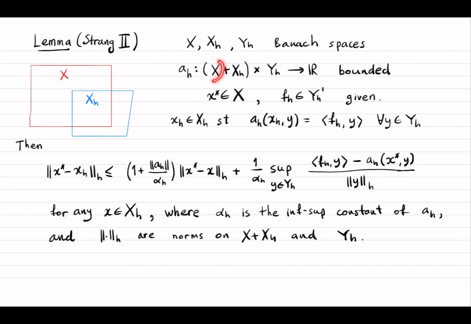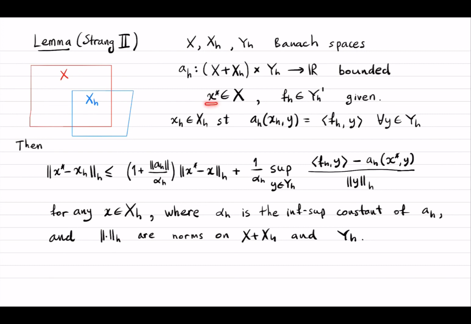So this is the space of elements of the form x plus y, where x is from capital X and y is from X_h. We need this to be bounded, and we require that X plus X_h has some norm denoted by this, and Y_h also has a norm that is denoted by the same notation.